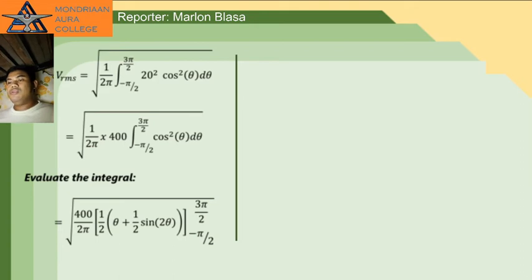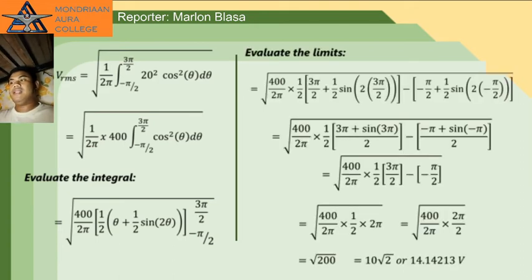Unahin muna natin yung 3 pi over 2. So, plug in lang natin yung mga yan. So, magkakaroon tayo ng the square root of 400 over pi times 1/2 times quantity 3 pi over 2 plus 1/2 sine 2 times 3 pi over 2 minus quantity negative pi over 2 plus 1/2 sine 2 times negative pi over 2.